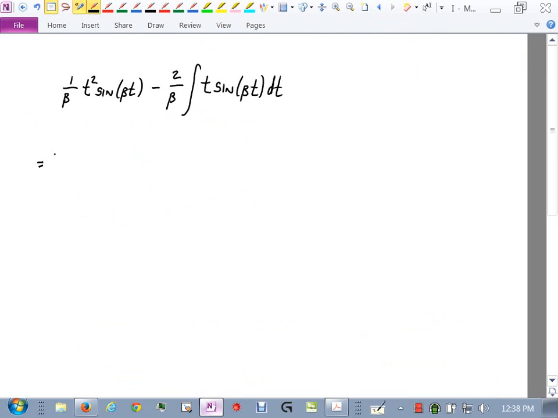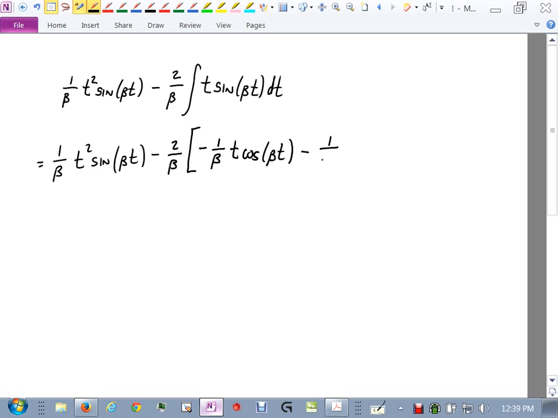So this becomes 1 over beta t squared sine beta t minus 2 over beta times everything I just got, which was negative 1 over beta t cosine beta t minus 1 over beta, so 1 over beta squared sine beta t plus c, and I'm just going to throw a c at the very end of this problem.